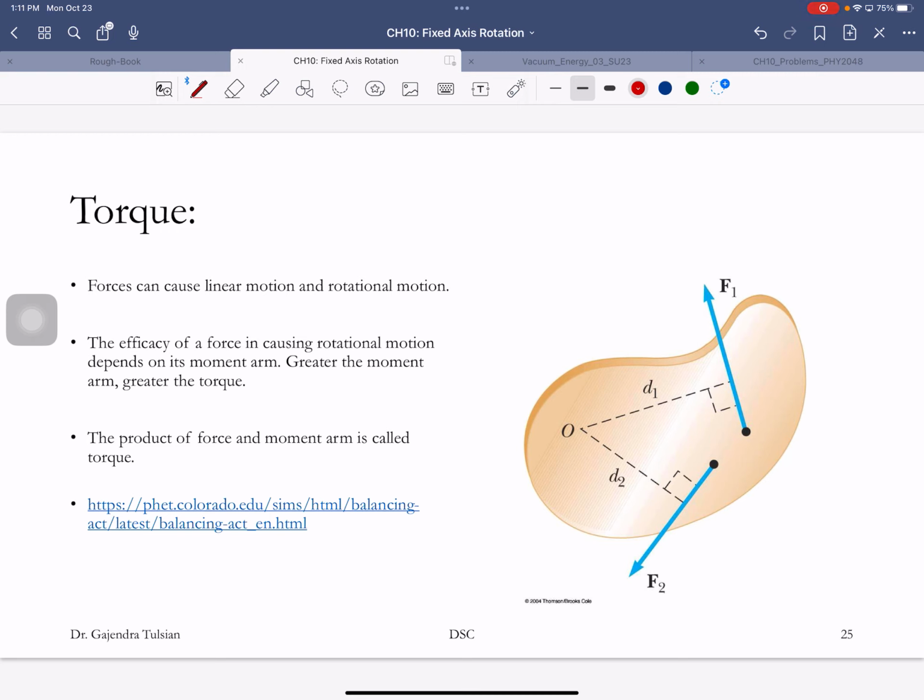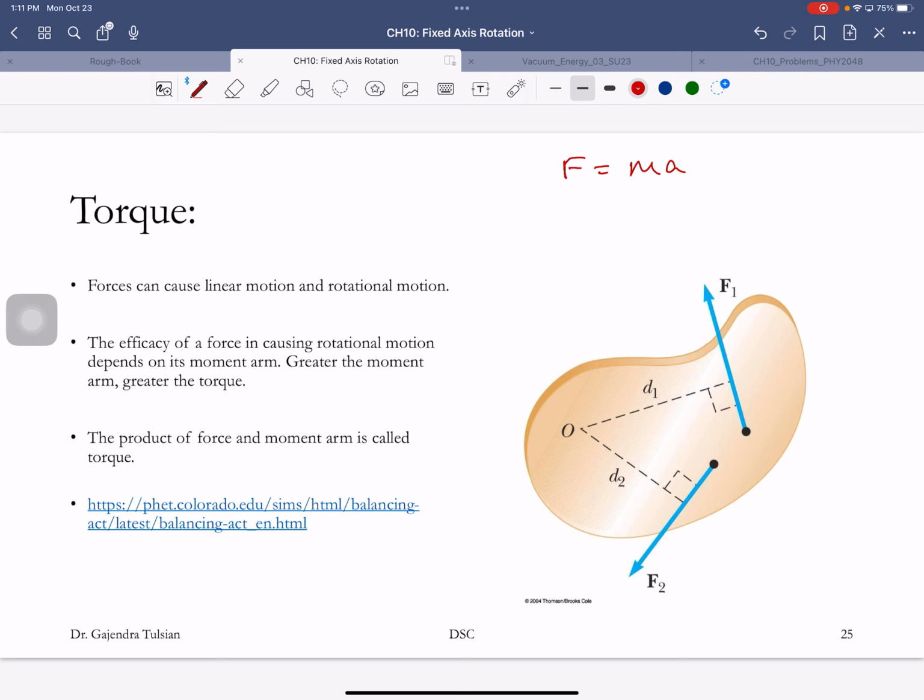So if I want to give an object an acceleration, what do I have to do to it? How do I give an object an acceleration? To give an object an acceleration, you have to apply a force on it. So if you apply a non-zero force, you can give an object an acceleration.